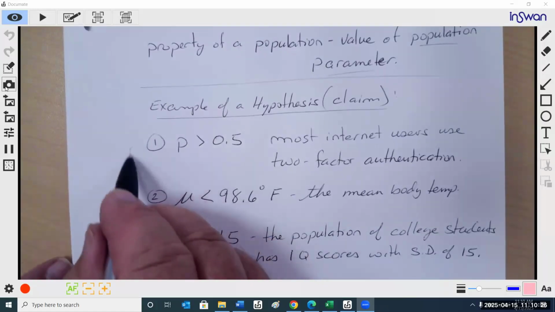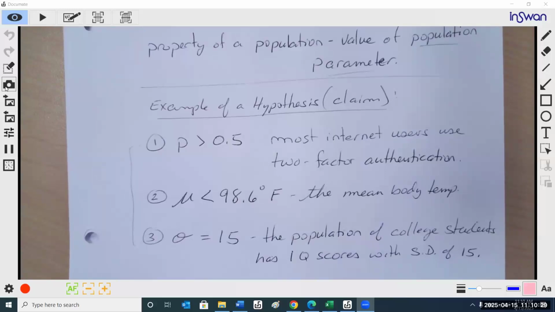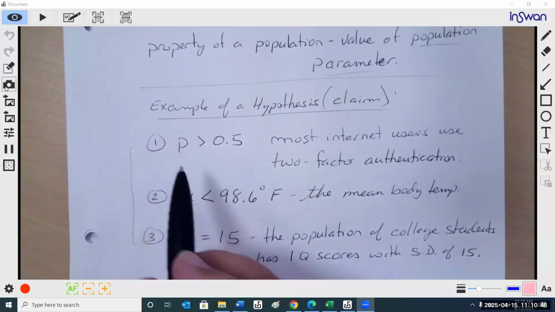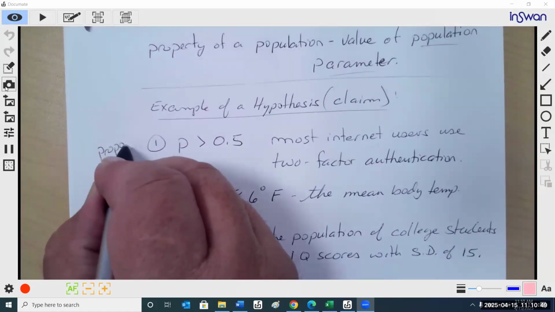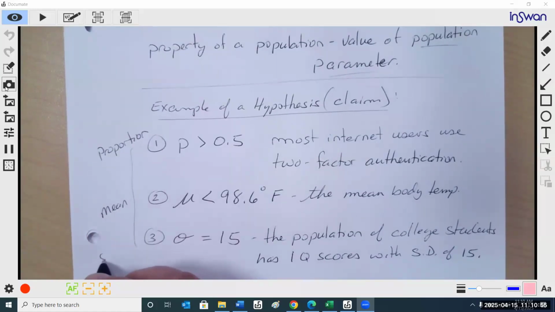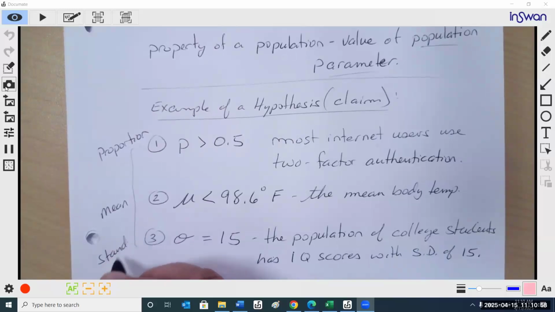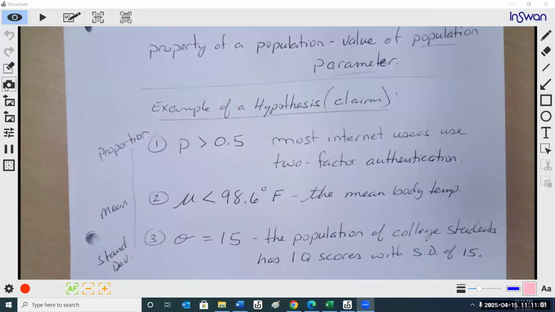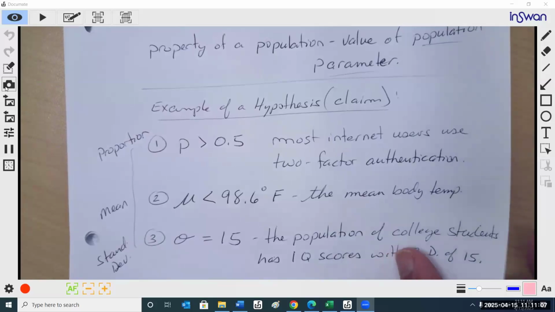Now, this is the reason we're using these three examples. These are the three different types of testing we'll be doing: proportion, mean, and standard deviation. We'll focus on those three throughout this entire chapter.